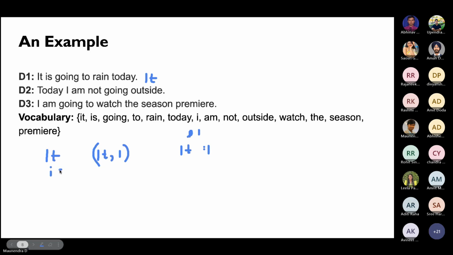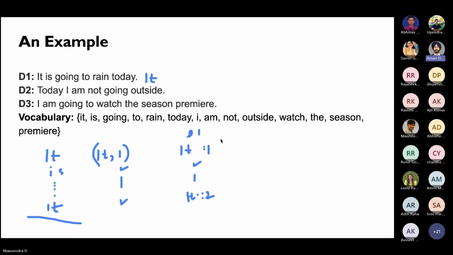Then the exact same thing will happen for "going to rain today". Now we have the second "it" from this document. So we'll check, is it there in the collection? The answer is yes, so we'll not make any changes. It will remain as it is. Then we say that, okay, it is appearing one more time, so for the current document, its count should be increased to 2.